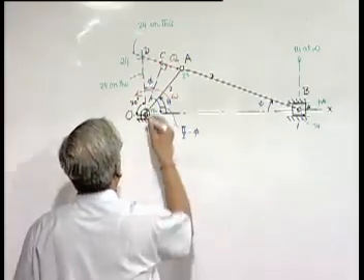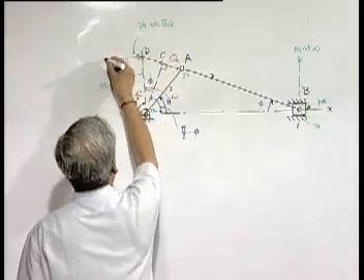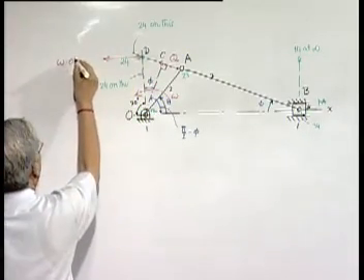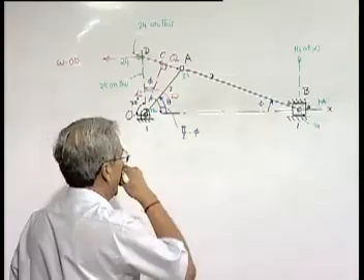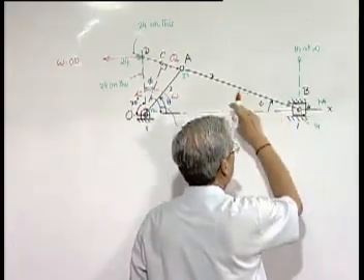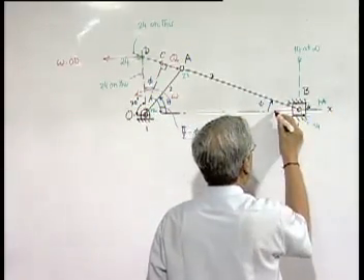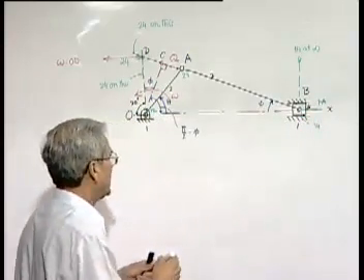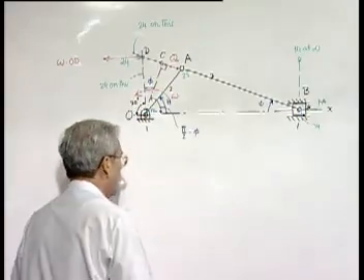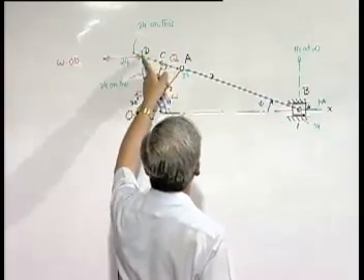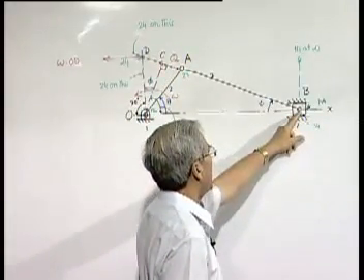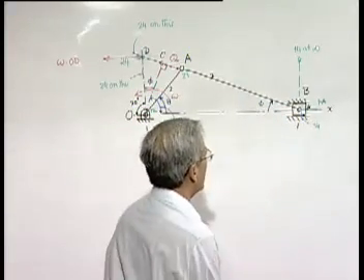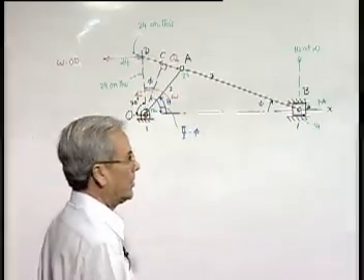So, the velocity of this point will be omega into OD, and the velocity of this slider, because it is a translating body, is also the same as this, and we know that this is nothing but x dot. So, the velocity of this point has to be the velocity of this slider because it is a translating body, and velocity of all points of this translating body 4 is x dot.